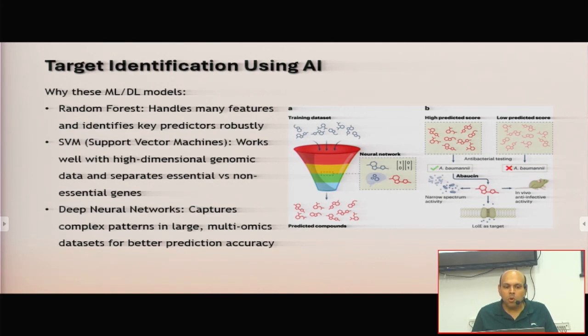So why these models? There are certain models, and I'm not going to go very deep into these models, but I will give you very briefly what each stands for. So random forest is just like a forest. Basically there are random forests, and it handles many features and identifies key predictors robustly.